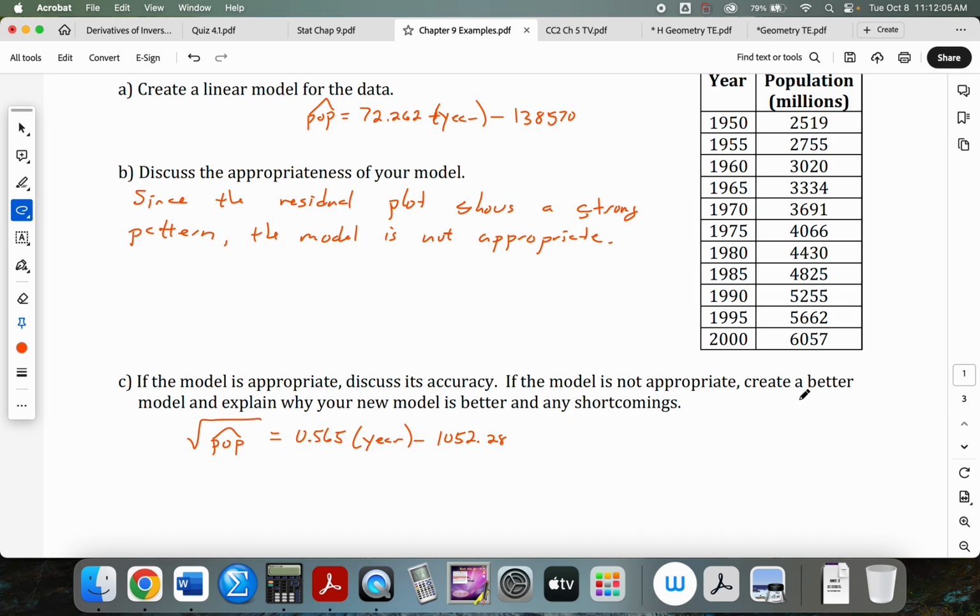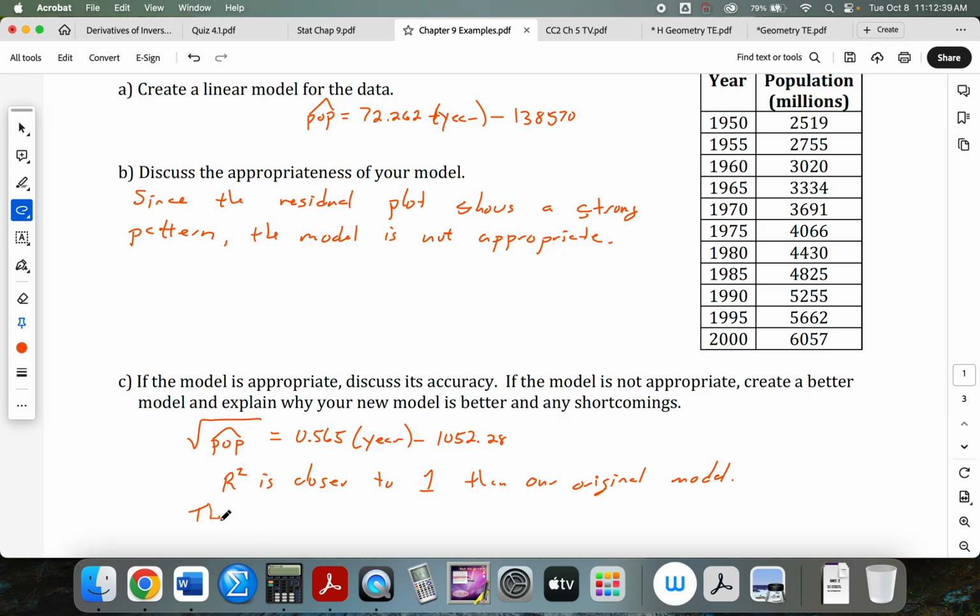So this is a better model. Explain why your new model is better. The R squared was greater, closer to 1 than our original model. So again, better, but not perfect. Any shortcomings?